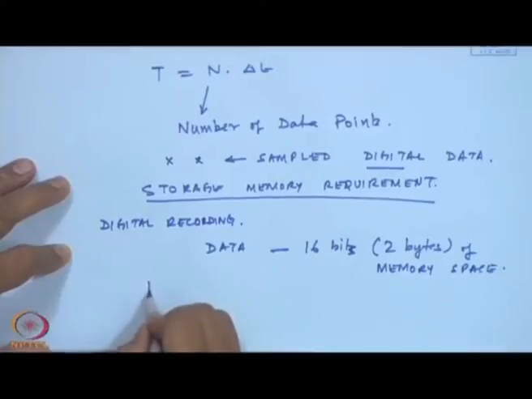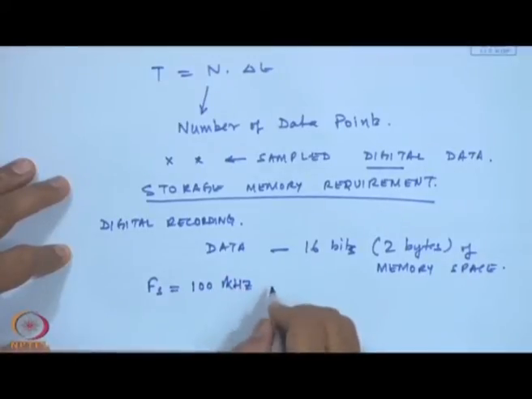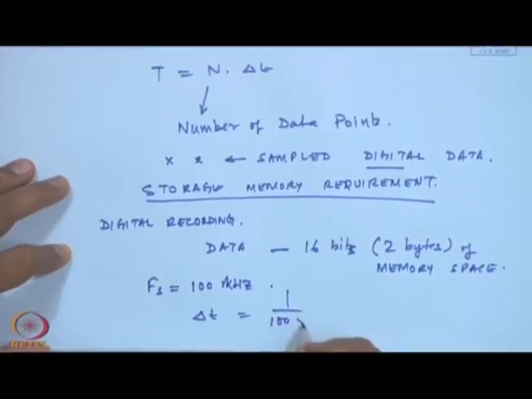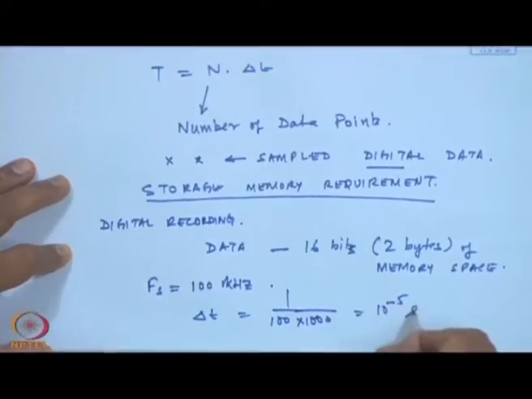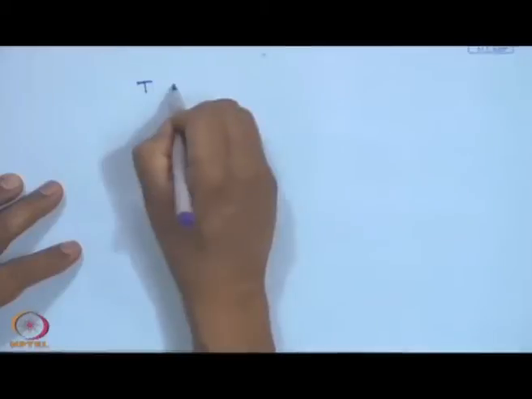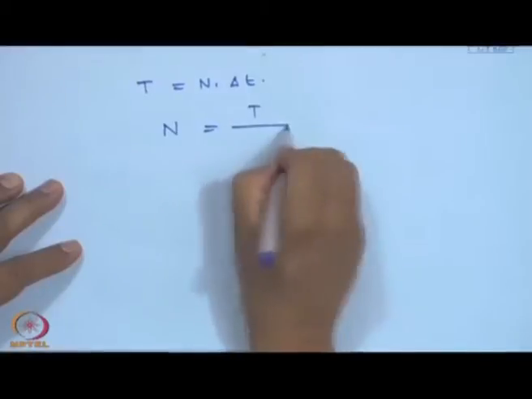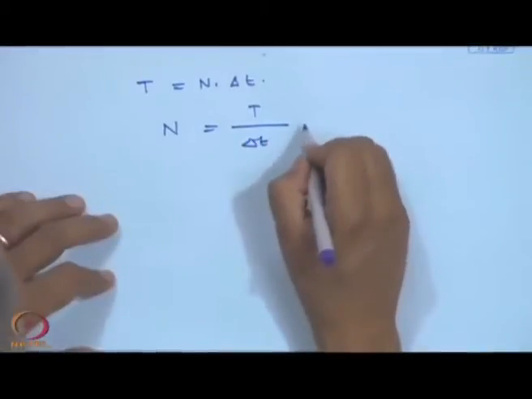Suppose I am sampling at Fs is equal to maybe 100 kilohertz. Okay. That means delta t is equal to 1 by 100 kilohertz, so 10 to the power minus 5 seconds is my sampling interval. And if I was to find out the total time is equal to N times delta t, N is equal to the total time by delta t. Okay.